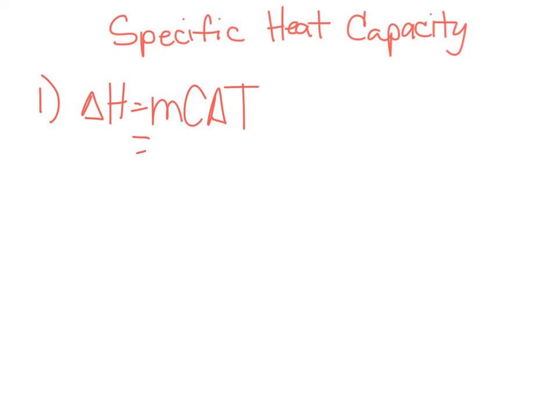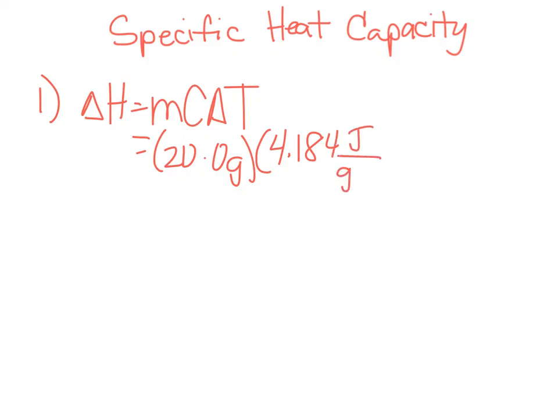Okay, so we're going to plug in the mass. The mass is given to us, it's 20 grams. The C is the specific heat capacity that they gave you in the problem for water, which is 4.184 joules per gram degrees Celsius.